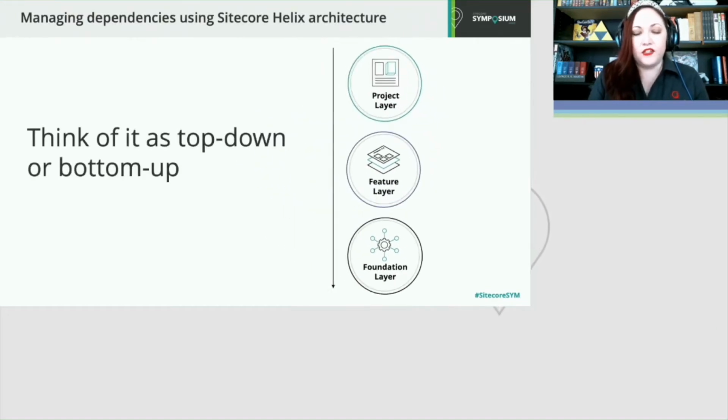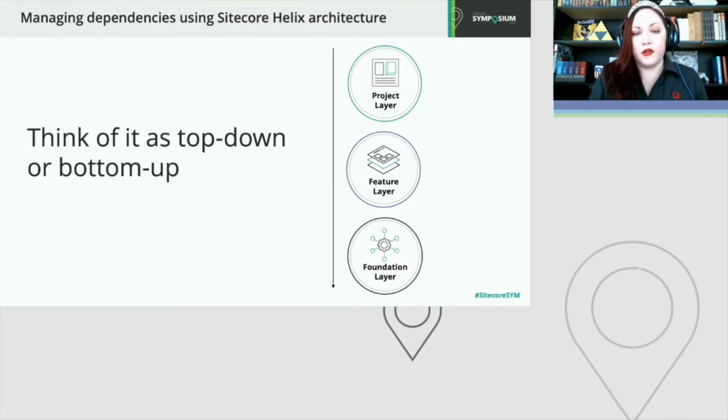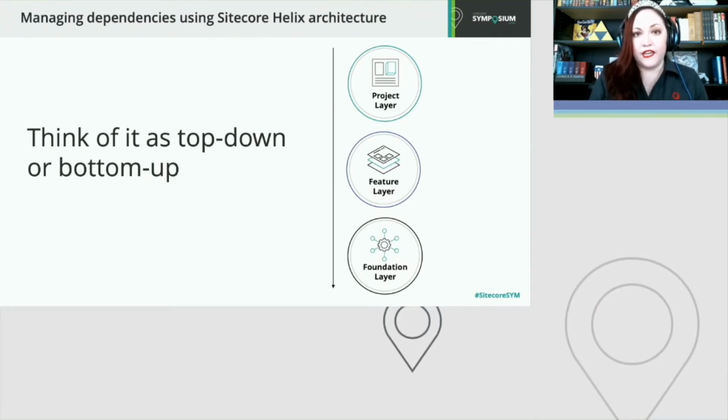One of the keys to understanding Helix is to understand how it works to manage dependencies. Think of it as top-down or bottom-up. Helix modules in the project layer can inherit from any project in any other layer. Modules in the feature layer can only inherit from projects or modules in the foundation layer.